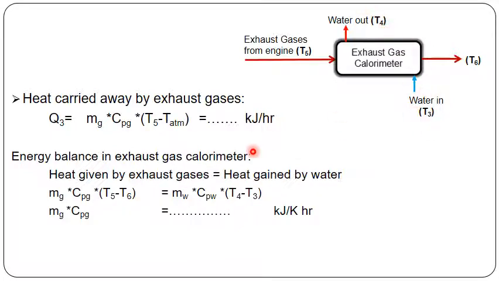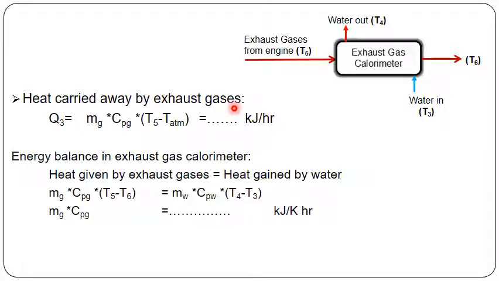T4 minus T3 gives the temperature increase across the calorimeter. Just equate these two heats, the heat lost by the exhaust gases and the heat gained by the water, and the only unknown is the Cp. Once Cp, or mg into Cpg, is calculated, it can be used here, and you can easily get the heat carried along with the exhaust gases.